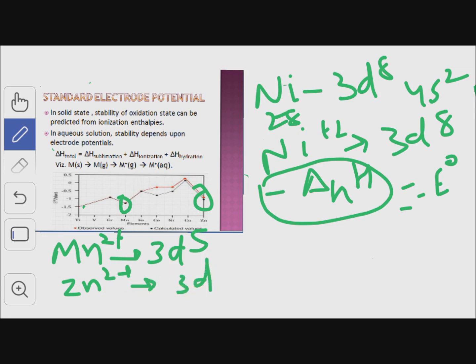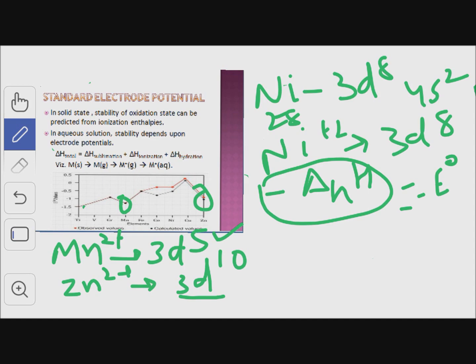That means exactly half filled configuration in manganese 2+, and in case of zinc 2+ it is fully filled d orbitals. And it is more difficult to remove the electron from exactly half filled and fully filled d orbitals.